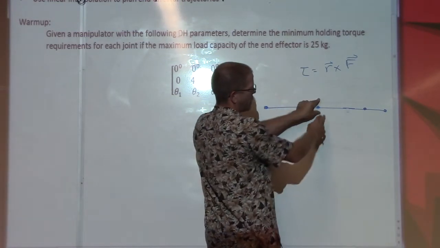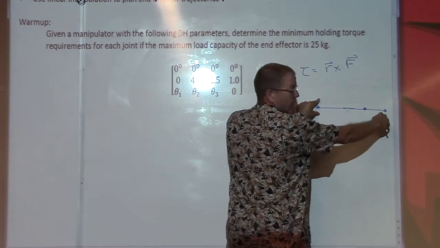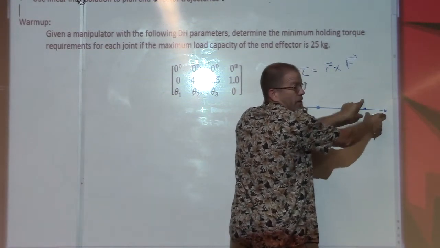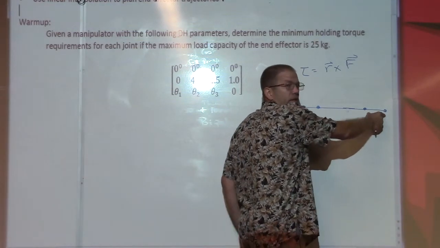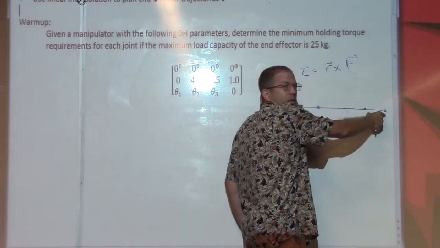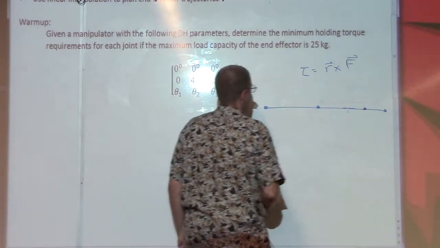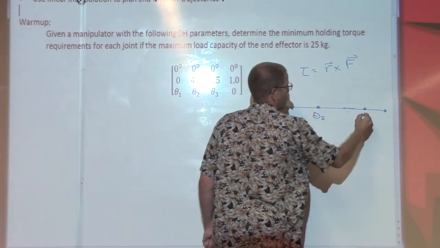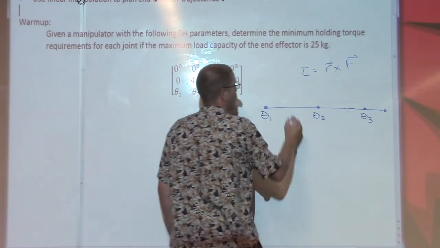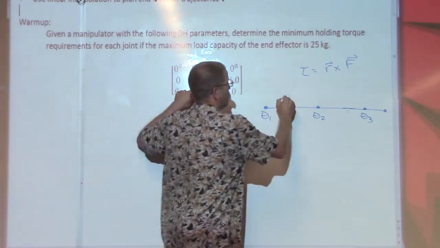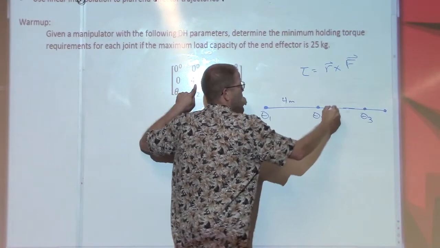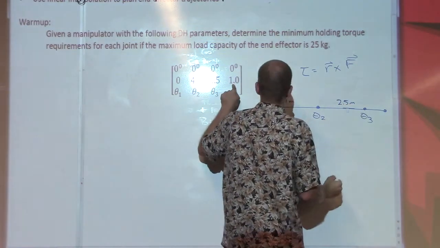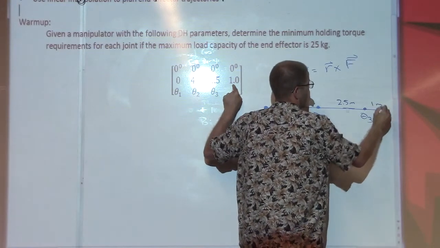Theta 2 is going to have a holding torque to support this portion of the load, and theta 3 is going to have a holding torque to support that portion of the load. Okay. So here is our theta 1, theta 2, theta 3. This then is our 4 meters. This is our 2.5 meters. And finally, this is 1 meter.